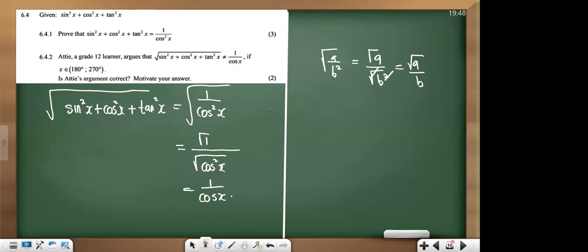But check something. Are you aware that the square root of an answer is always plus or minus?